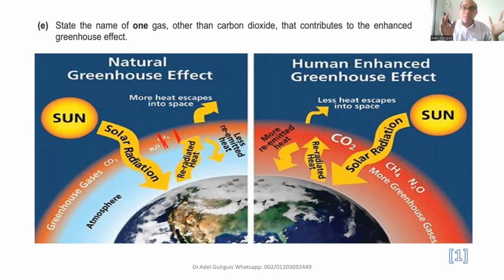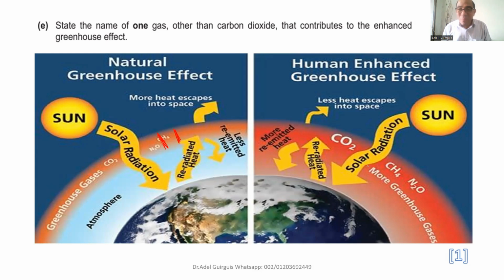But it is needed to give warmth to the Earth's surface throughout history. What about the human enhanced greenhouse effect? This is due to human activities like industries, and using fossil fuels. What happens to this greenhouse gases layer? It increased.